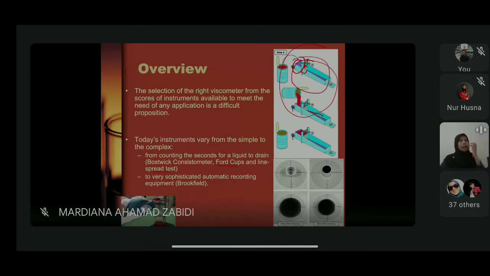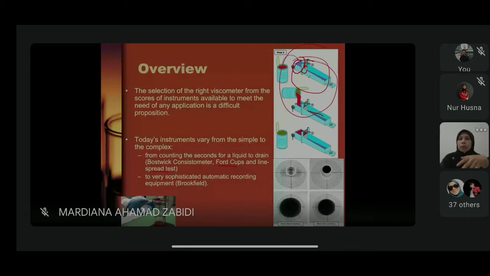One of your seniors did her internship in a governmental agency, if I'm not mistaken. They produce kaya spread as well as jams. So she had the opportunity to use this kind of viscometer.